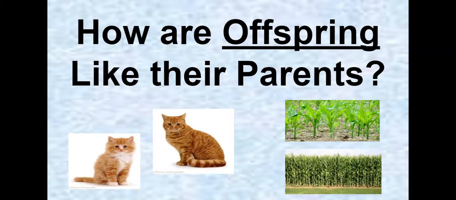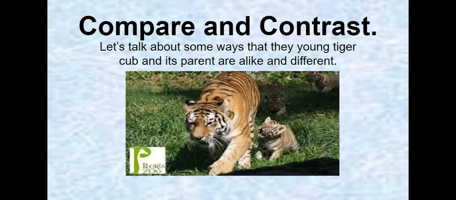Now, this brings me to talking about different traits. This slide says, how are offspring like their parents? Let's look at the picture next. Let's compare and contrast this mama tiger or grandma tiger with this baby cub. Okay. We can see that it has whiskers like its parent.